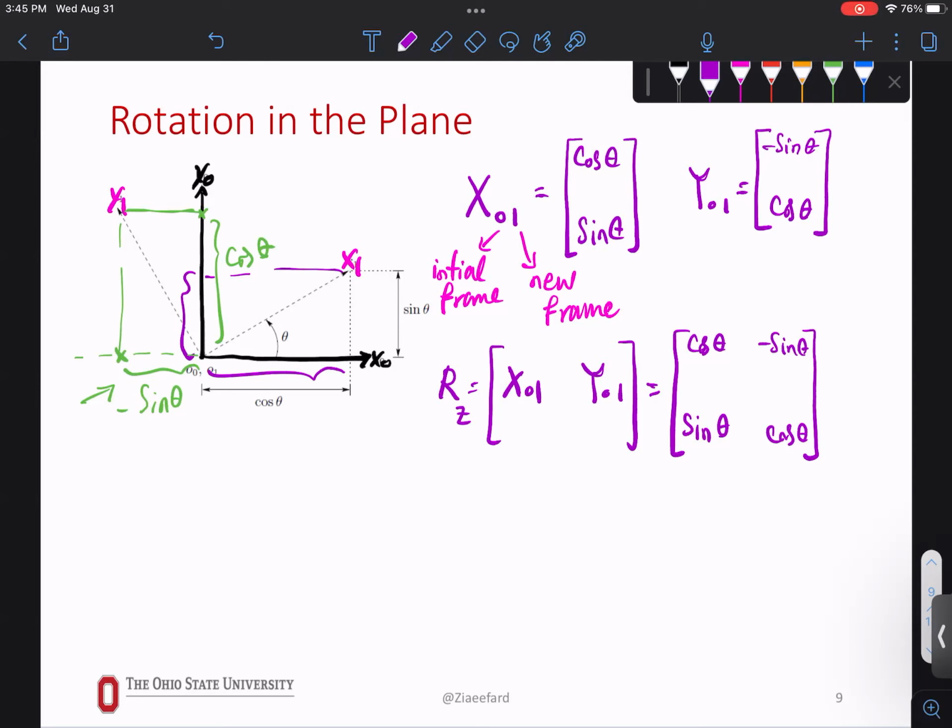What if it was 90? What's cosine of 90? 0. Sine of 90? 1. Right. So you see that the matrix is 0s and 1s. When your theta is a multiple of pi over 2, your rotation matrix is always 0s and 1s.